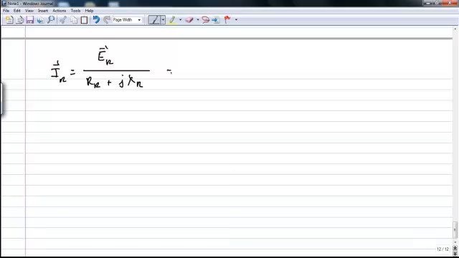And I can rewrite this as E sub r divided by R sub r, and now I'm going to use that new term that I just derived, jX_R0 times S, times the slip, and this is equal to E_R0. So now I'm substituting in E_R0 here, and what does that do?